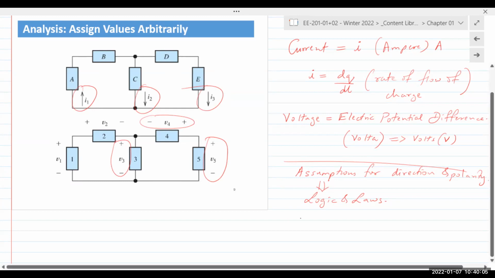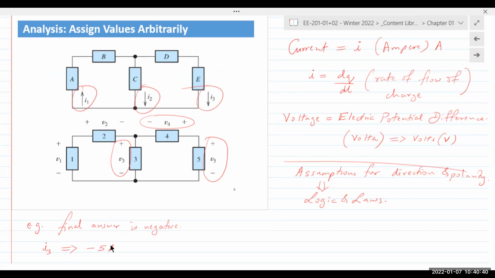Okay, so even if it's opposite, the example would be, let's use I3 as an example. If my value for I3 turns out to be minus 5 amps, what does that minus indicate? It's going the other way. Exactly. That's all it means. It does not mean anything else.